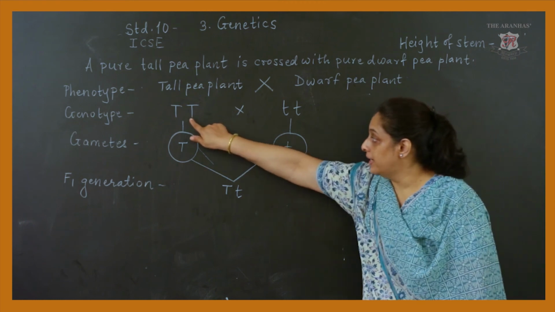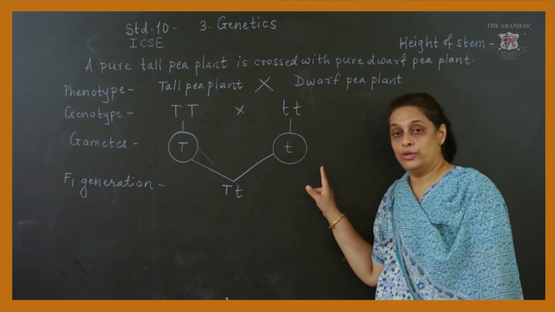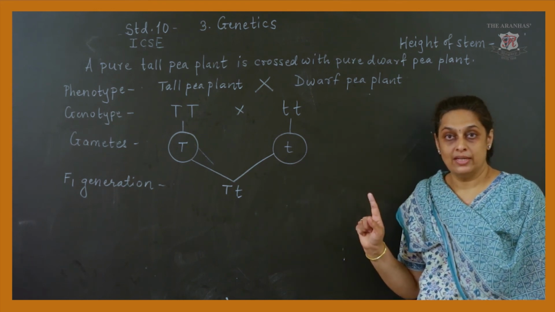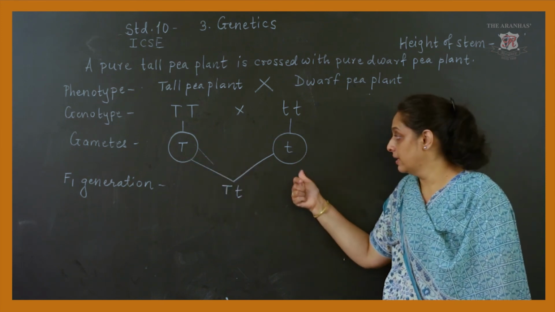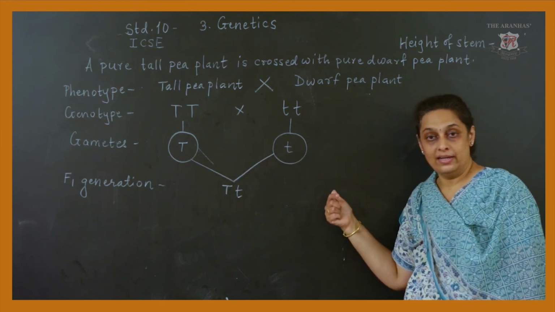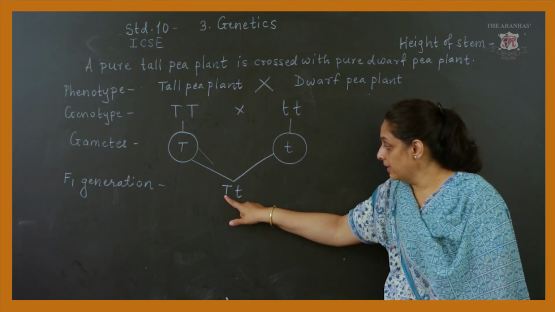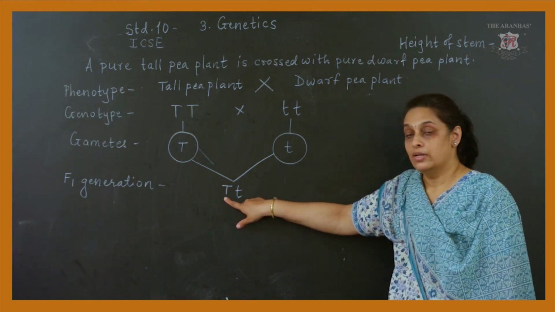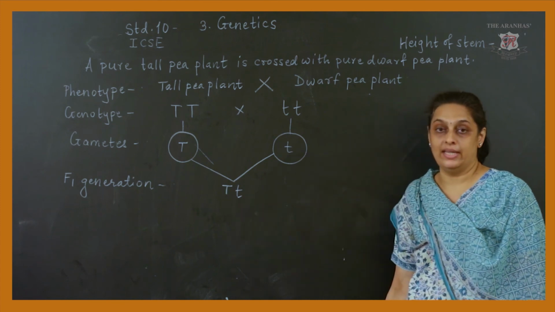That is why letters are repeated. Then gametes, as I told you, they have only 50% information, and that is why only single T inside the circle indicates that it is a gamete, and then union of gametes. So, combination is one capital T and one small t.